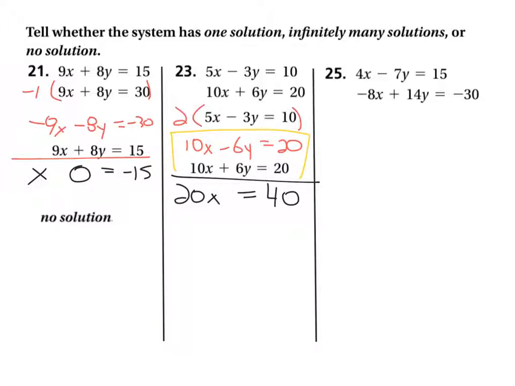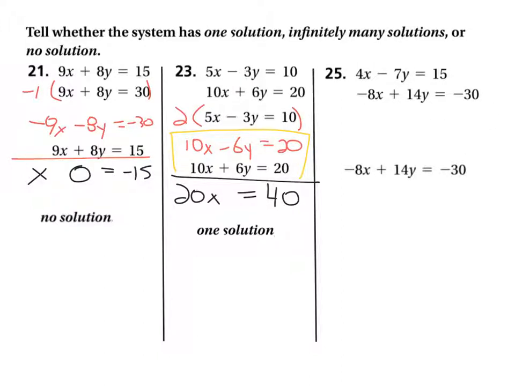So that means that we're not dealing with one of those special cases of parallel lines or exact same equation written differently. So this is just a regular two different lines. And we're going to say then that is a one solution situation, one solution, just like normal. Okay? Great.